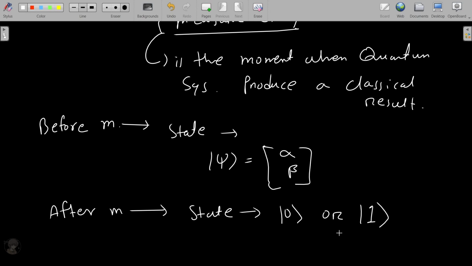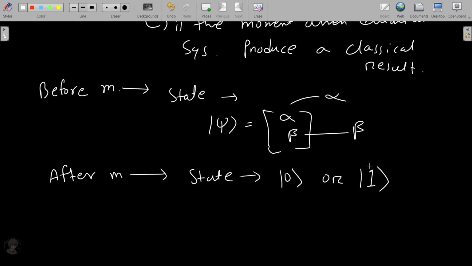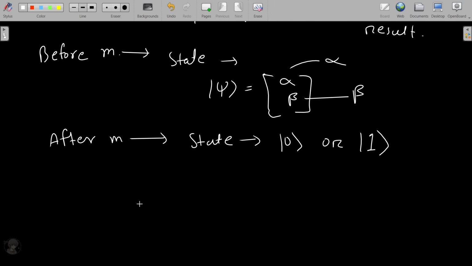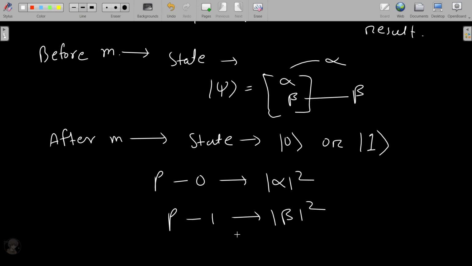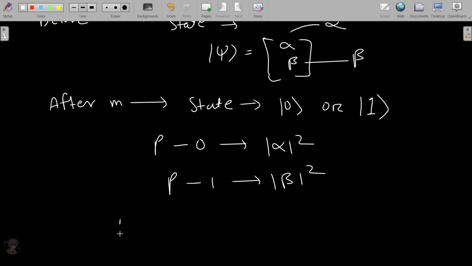The probabilities of these outcomes are determined by amplitude alpha and amplitude beta. So the probability of getting 0 is modulus alpha squared, and the probability of getting 1 is modulus beta squared. And we already know that modulus alpha squared plus modulus beta squared equals 1. So the probabilities add up correctly.